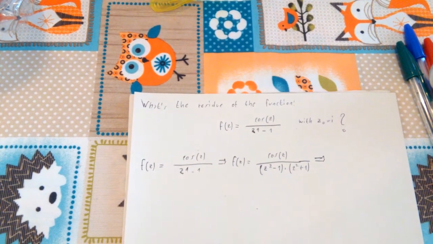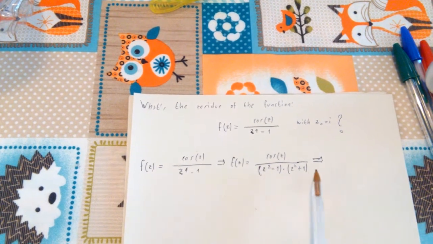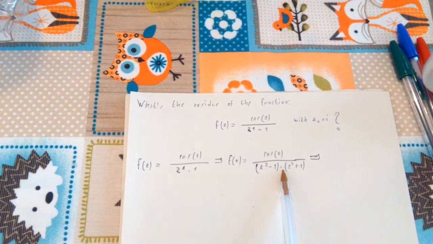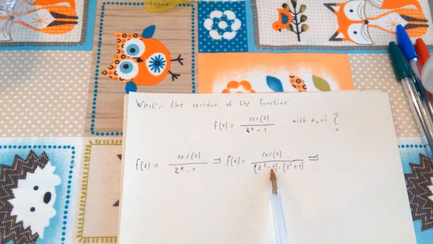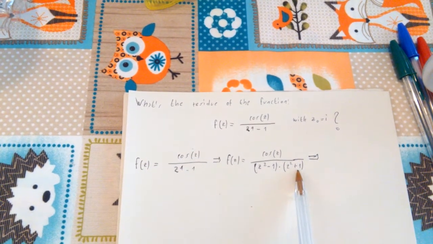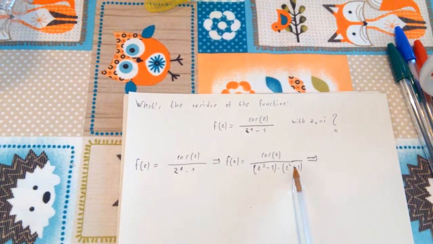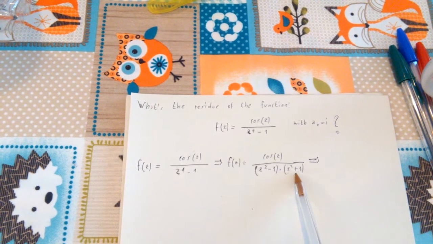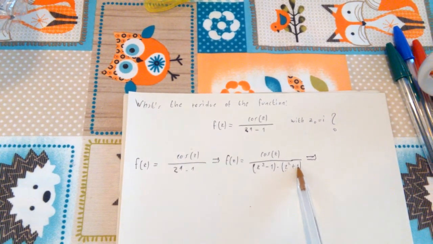We have z squared minus 1 on one side and z squared plus 1 on this side. We're actually interested in z squared plus 1 on this right-hand side.